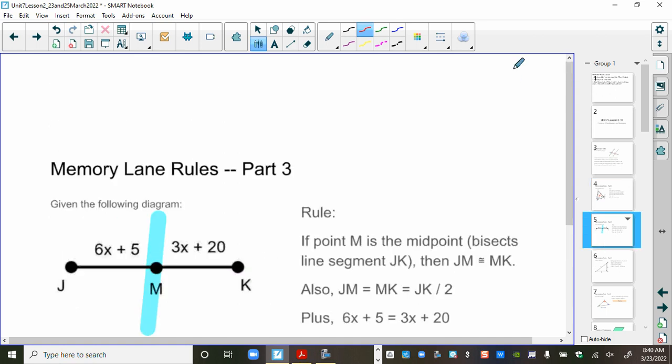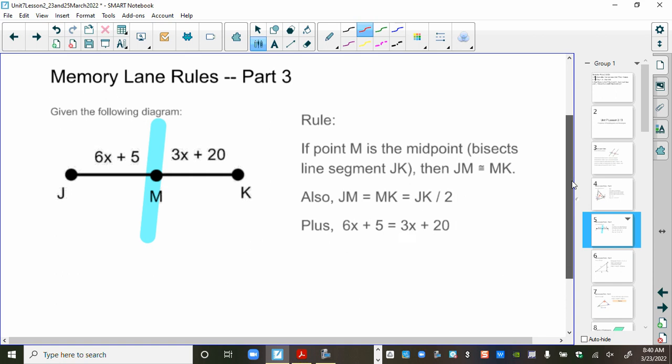Another rule from back in the day. Anytime you have a midpoint, it bisects the overall line segment. So here's your overall line segment. These two sides are going to be equal to each other. And then whatever you get on one side of the overall line segment, the other side's going to be the exact same.